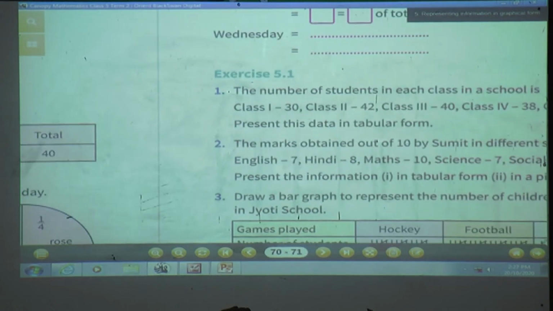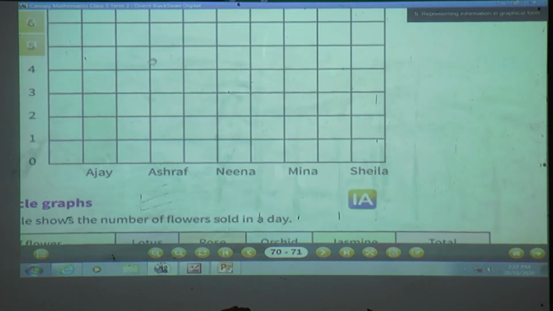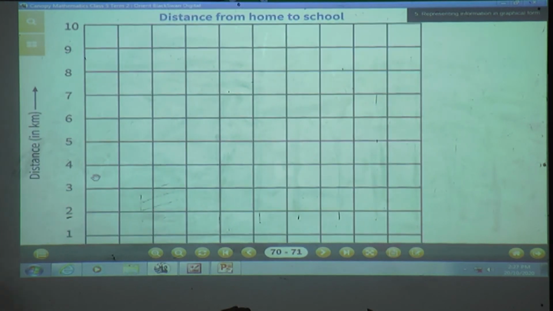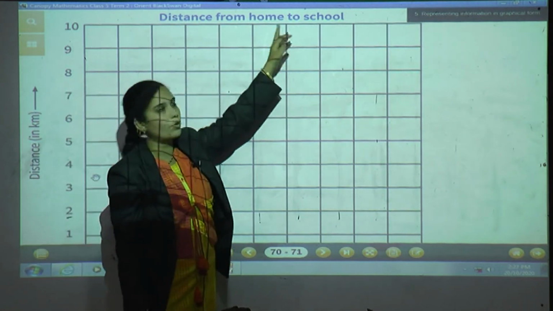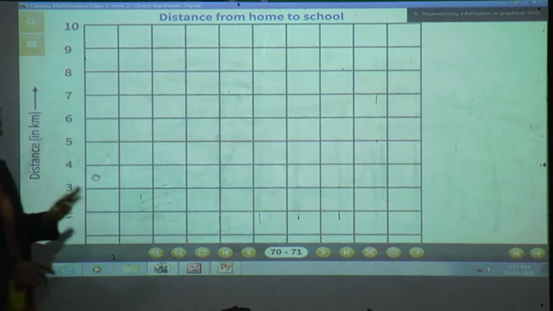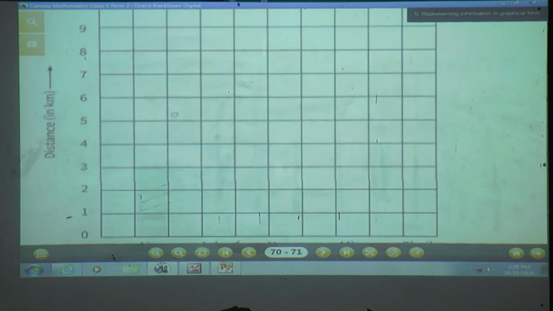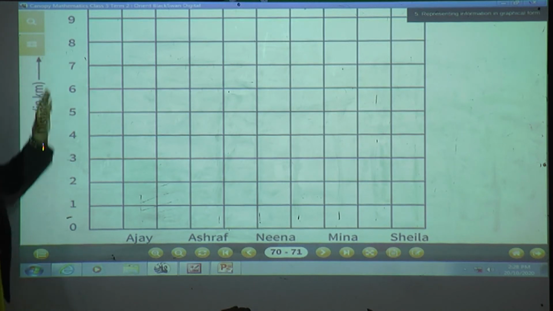Here they have given the graph. Now see, here is a title. What is the title, students? Yes, distances from home to school. So always write the title. Now here see, here are the names of students on the x-axis, and on the y-axis the distances in kilometers.